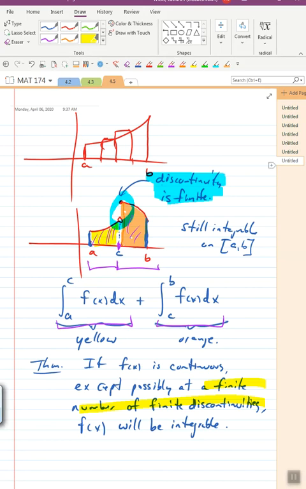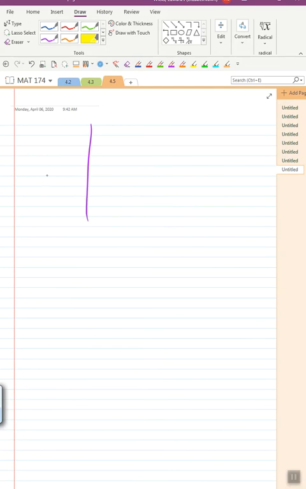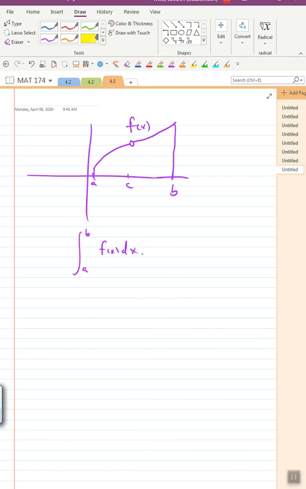Okay, so question is, if we had something like this, let's say from A to B, and so this is f of x, where f of x is defined everywhere except at C. Is it okay to integrate just from A to B f of x dx?